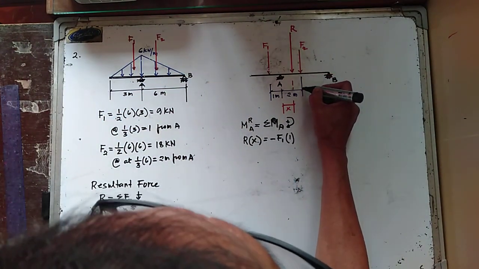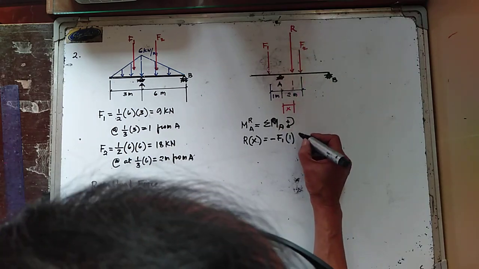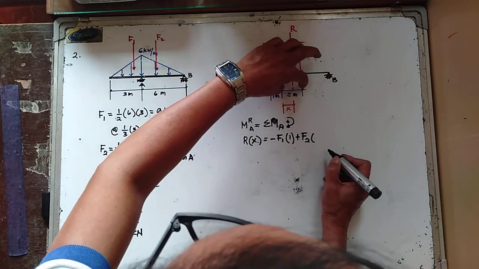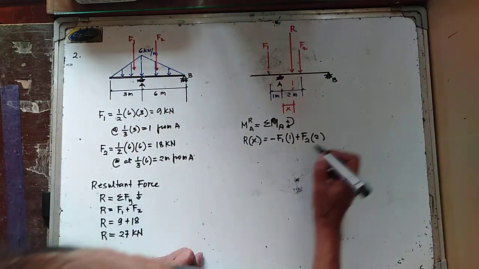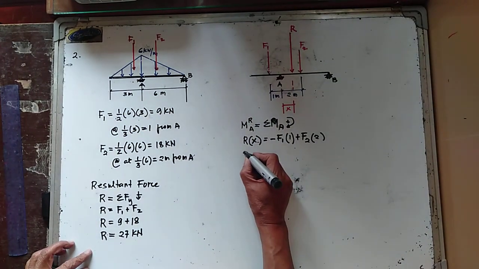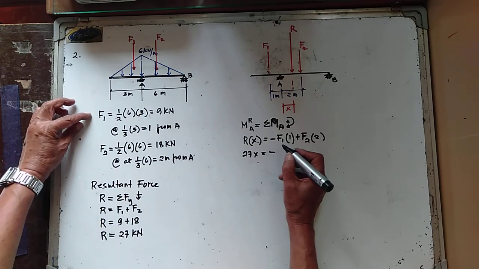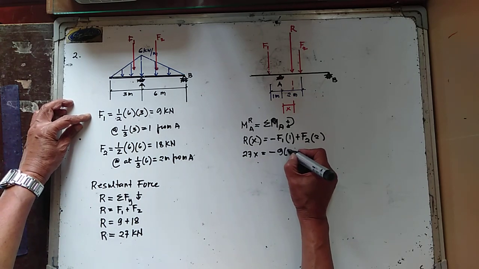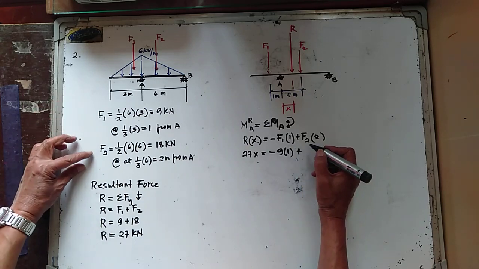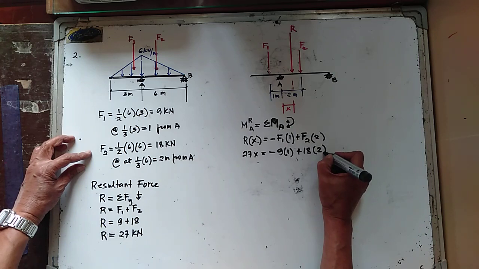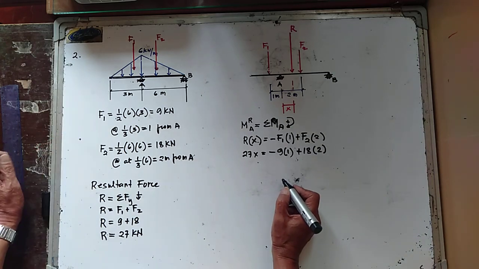F2 is going clockwise about point A. So we have F2 and the moment arm is 2 meters. So we have 27x is equal to minus 9 plus, we have F2 is 18, multiply this one by 2.